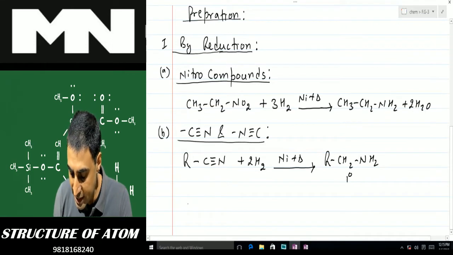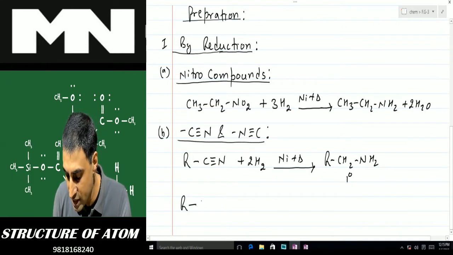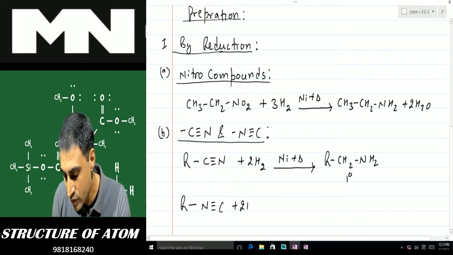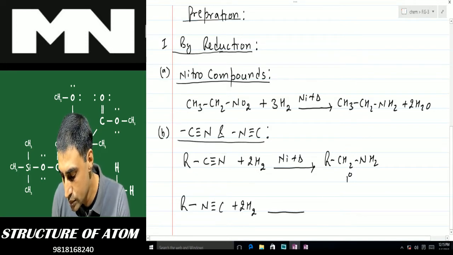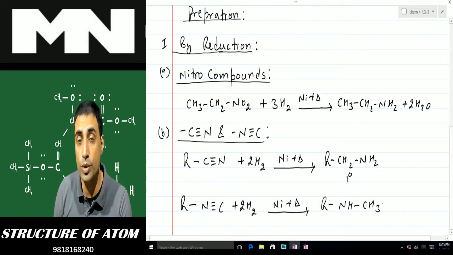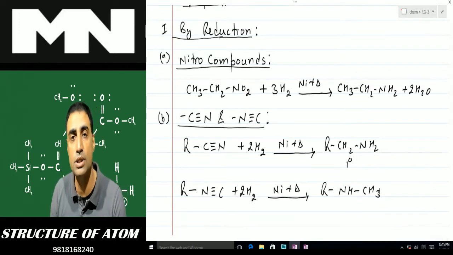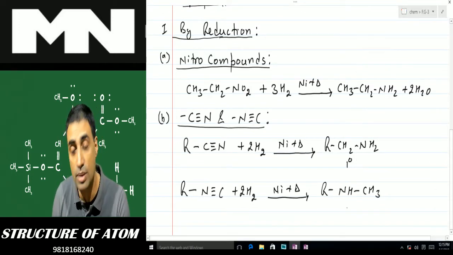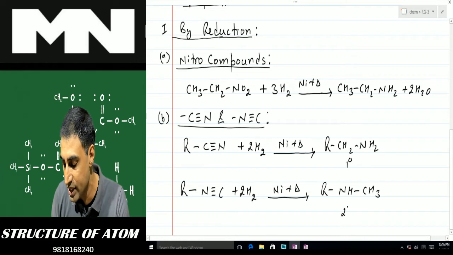Let's see isocyanide. So I have a compound like R, isocyanide, plus 2H2 in the presence of nickel and heat will give me RNHCH3. Dear students, you can see that in this case nitrogen has only one hydrogen. That means the amine which I am getting is a 2-degree amine.